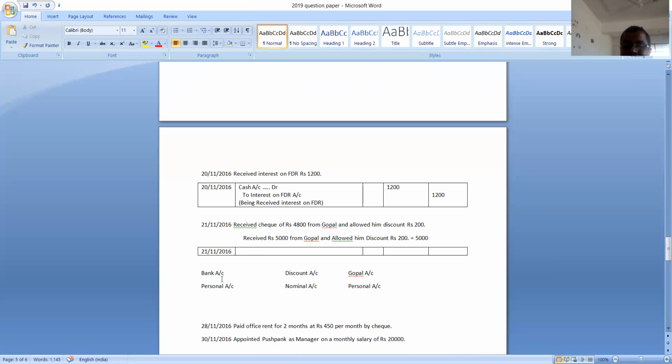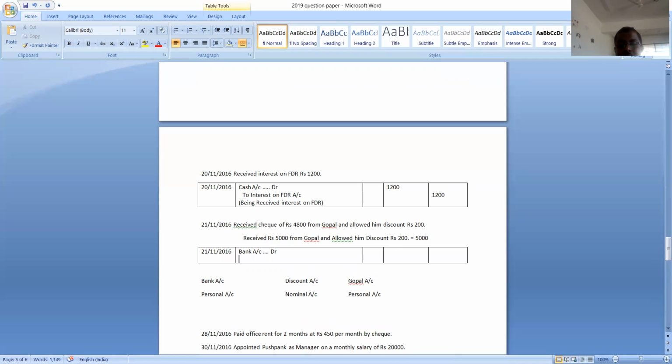When you received the check, you will go and deposit it into the bank. So the banker is the receiver, and bank account should be debited.